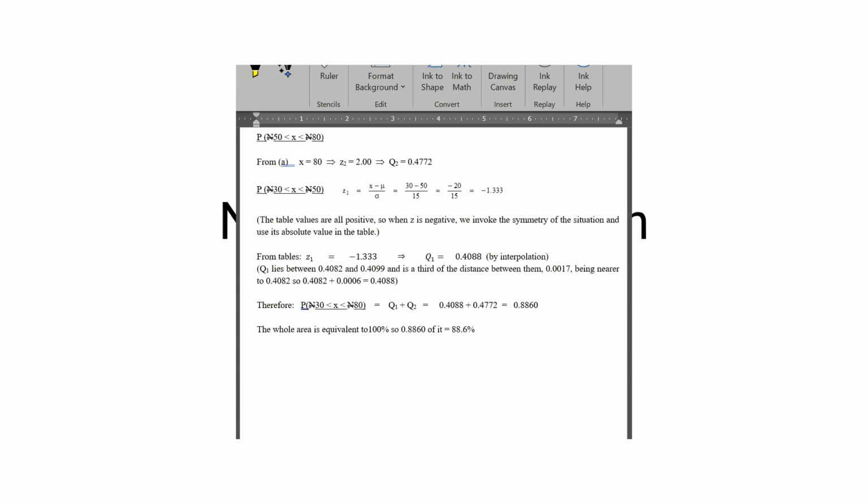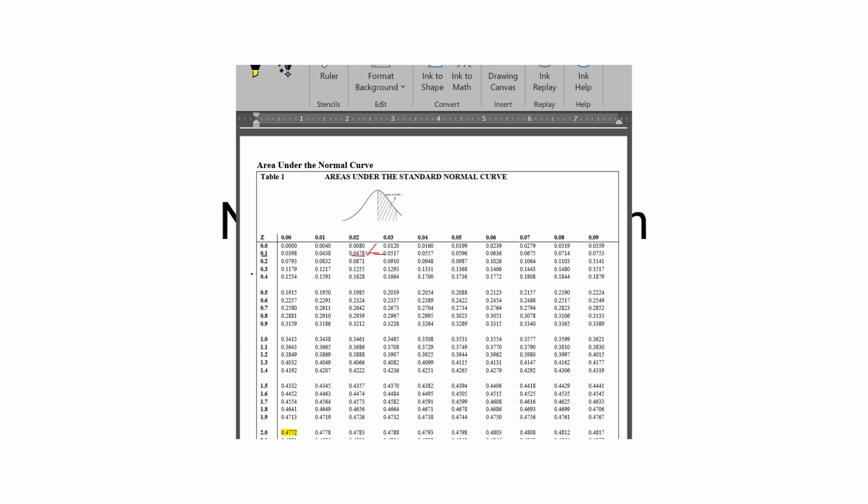0.3 under 7. So if we go with 0.3 under 7, we have 0.1443.